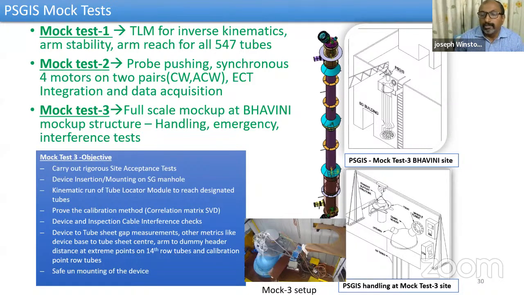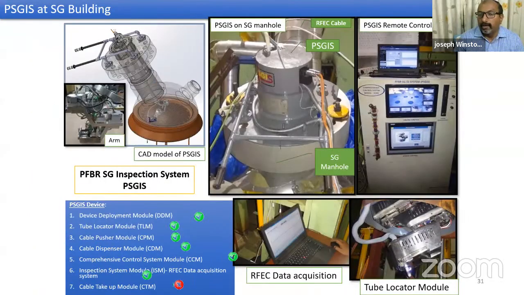Once this 1:1 mockup, not the actual steam generator but simulating the full length, is mounted here and pushed to 23 meters, that will be the final Mark 3 test, and then it finally gets qualified for the actual deployment. So after the deployment, this is the actual steam generator.